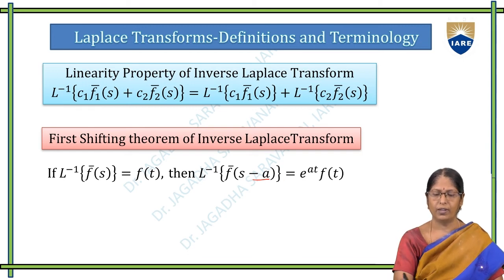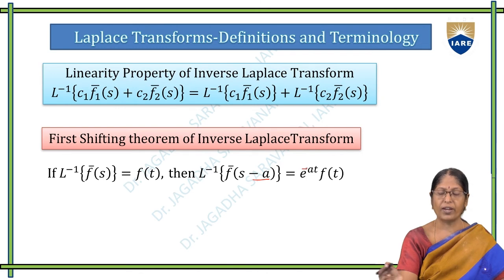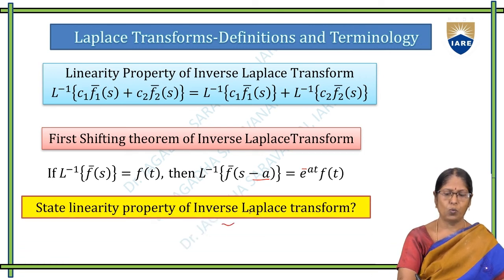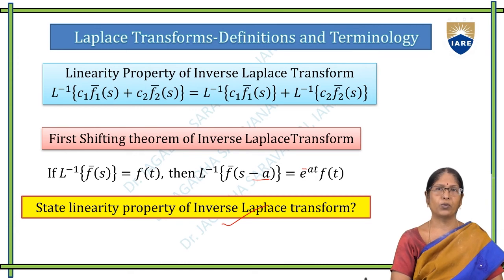Very simple, here plus a is there, here we write minus a. That is the first shifting theorem of inverse Laplace, how it works. So what is the possibility of questions to be asked? It is the linearity property of the inverse Laplace transform, or the first shifting theorem.